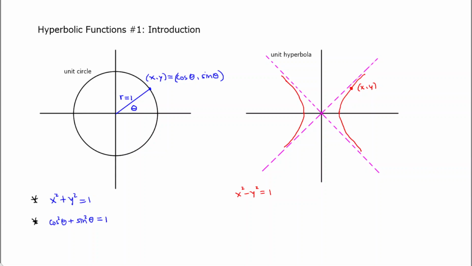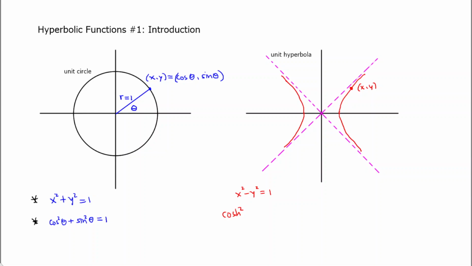The way I'm going to approach it is I'm just going to make up these functions, and in analogy with the circular trigonometric sines and cosines, I'm going to call these hyperbolic sines and cosines. Of course, I didn't make that up, but that's what they end up going to be.